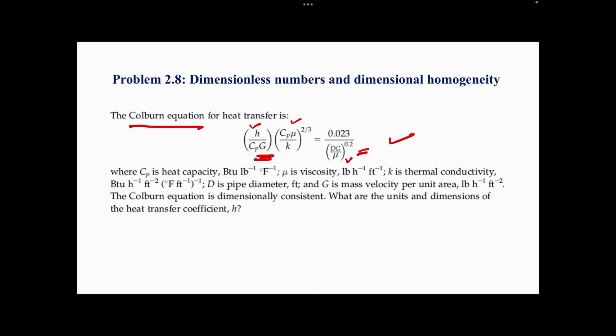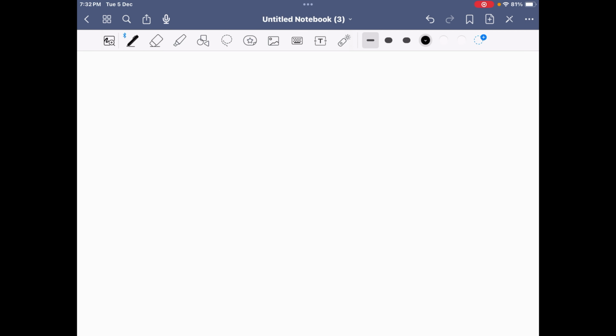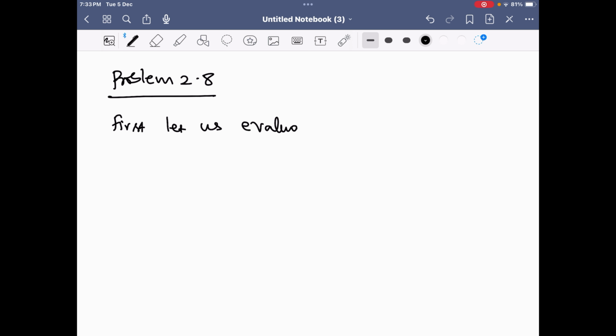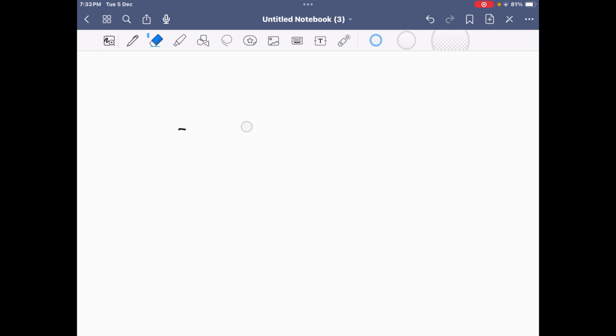So, let us evaluate one by one. Let us see the solution for problem 2.8. First, let us evaluate the units of the groups.